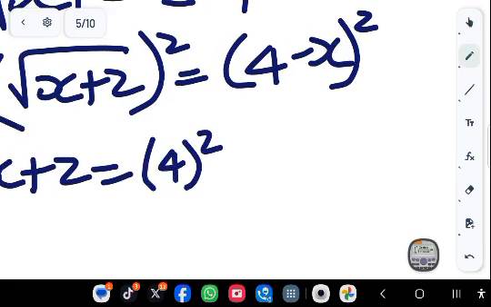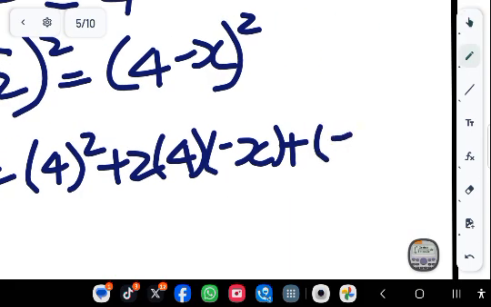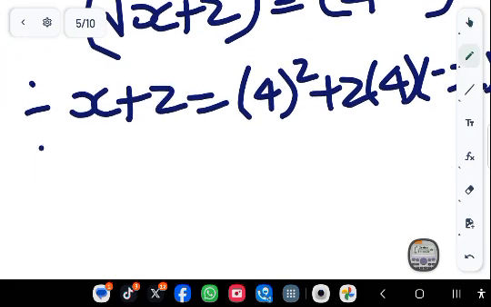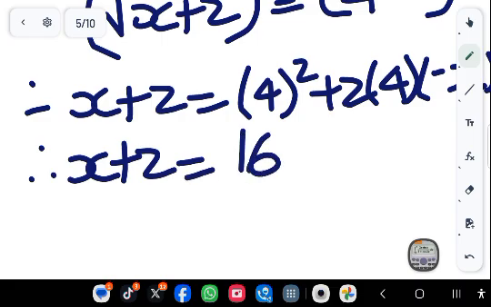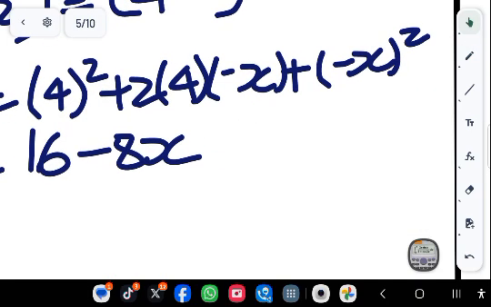When you square a binomial, it will be the first term squared plus 2 times the product of the terms with the signs plus the square of the last term with the sign. Now that gives us x plus 2 equals 16 minus 8x plus x squared.